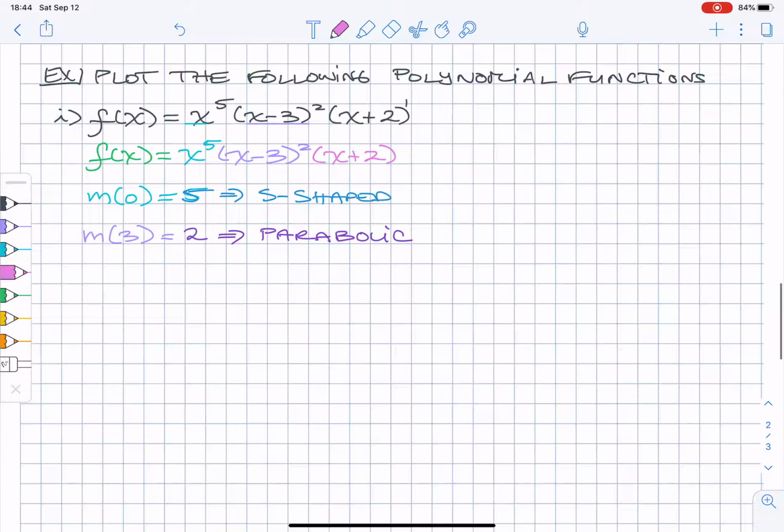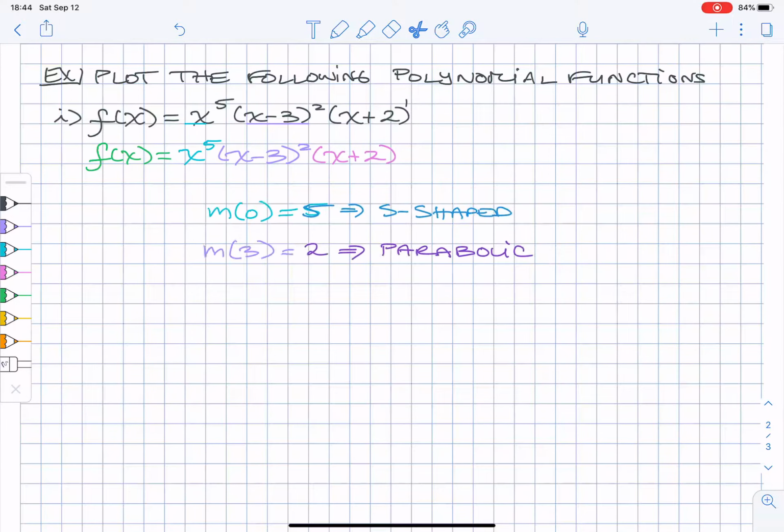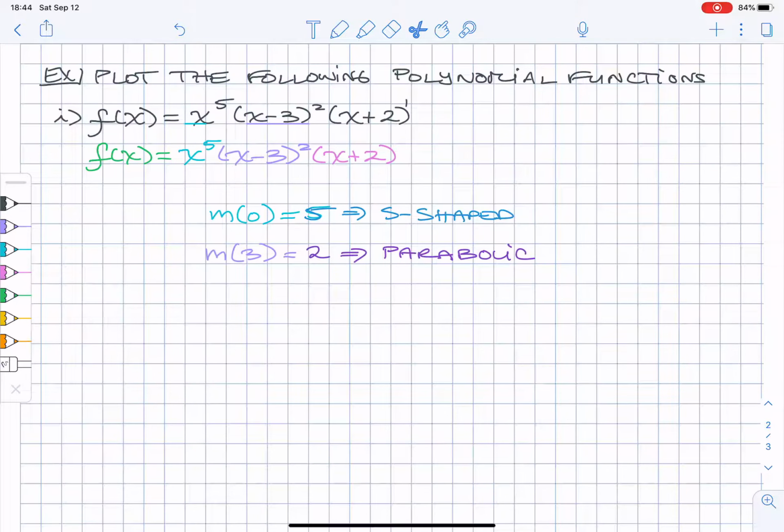So now we can color code them. Maybe that'll help a bit. If we have x to the 5th, this implies the root is 0, right?